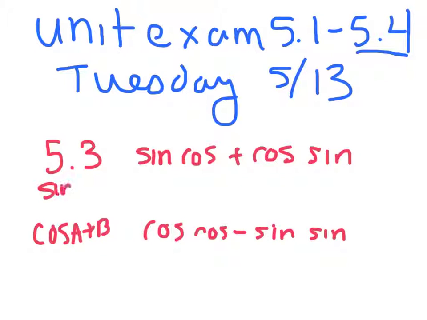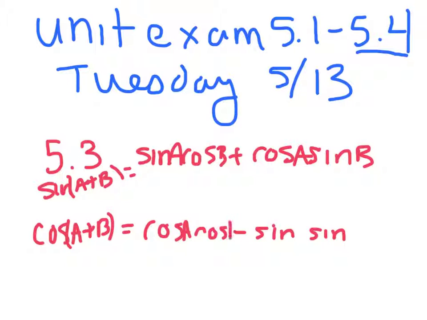This is sine of alpha plus beta. And after you do that whole sine, cosine, cosine, sine thing, go back and fill in the A's and the B's. After you do the cosine, cosine, sine, sine thing, go back and fill in the A's and the B's. You only have to have your trig identities memorized through 5.3. The 5.4 ones will be on the board.